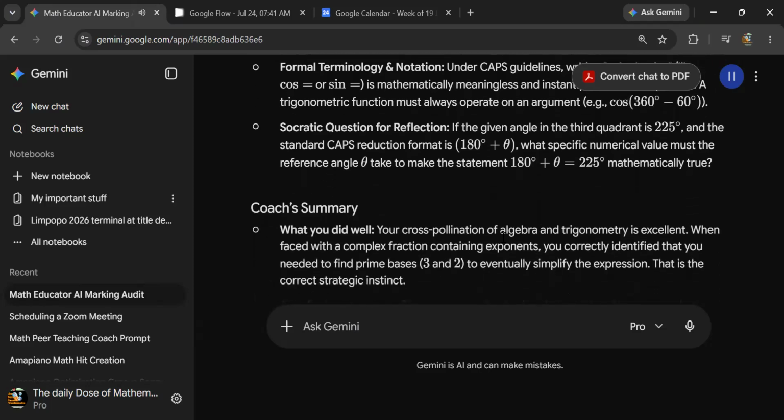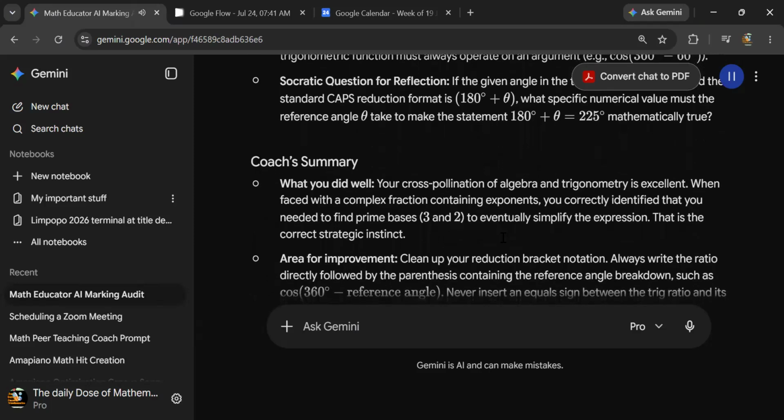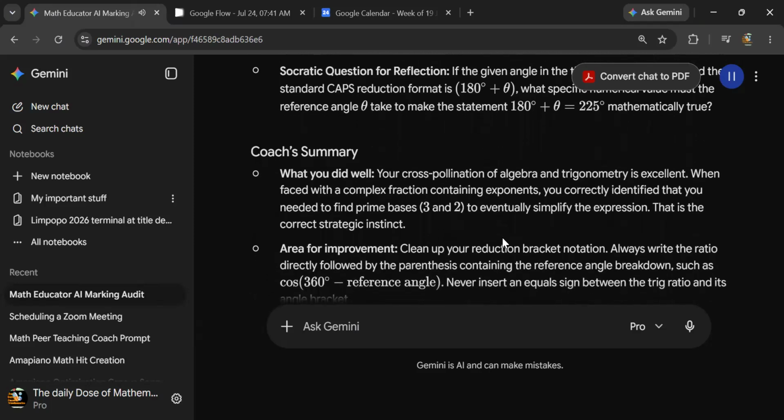Socratic question for reflection: if the given angle in the third quadrant is 225°, and the standard CAPS reduction format is 180° plus theta, what specific numerical value must the reference angle theta take to make the statement 180° plus theta equals 225° mathematically true?